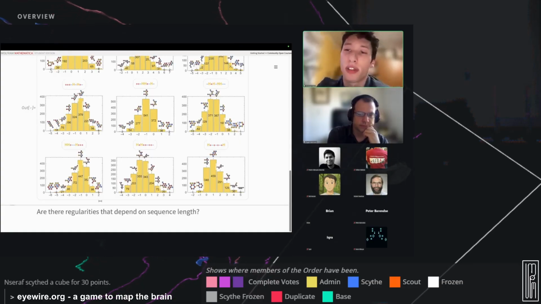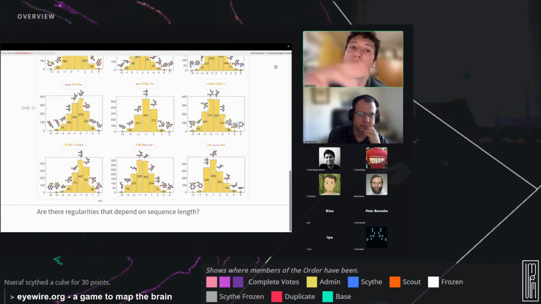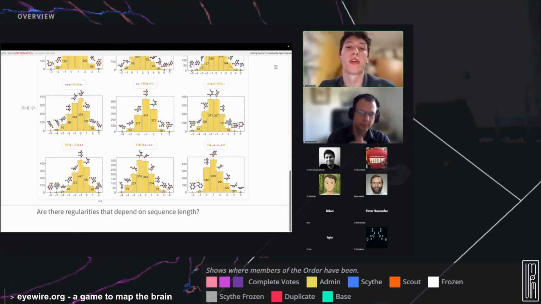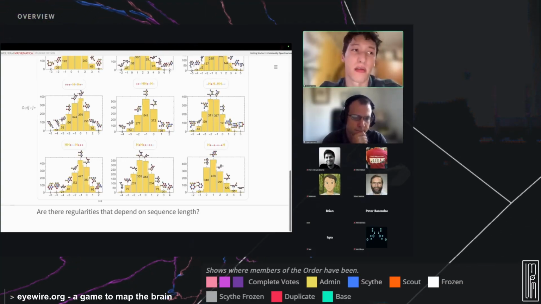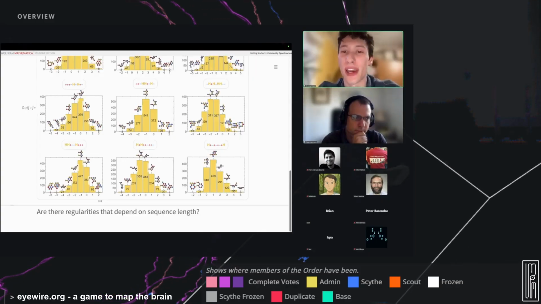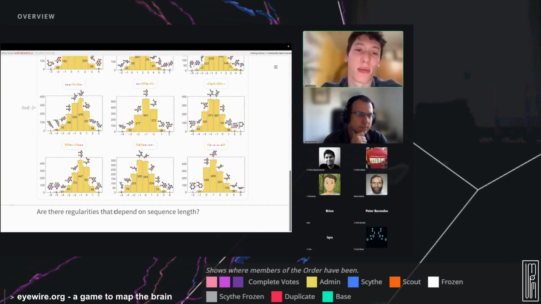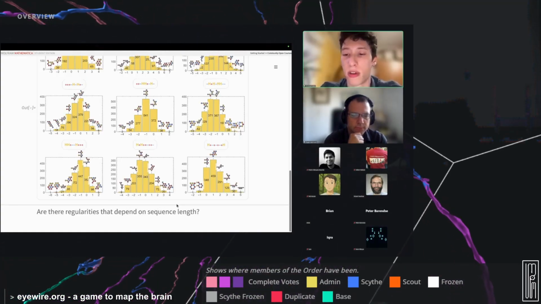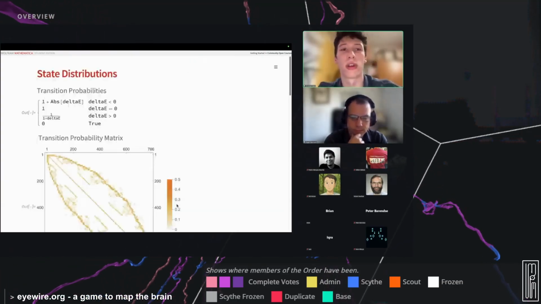And as the sequence goes to infinity, we expect that it gets stuck in the landscape, even though we have not looked at the landscape yet. So that's what we're going to do next.